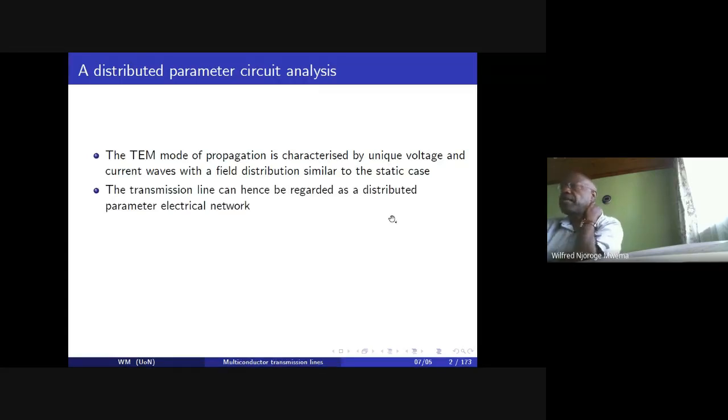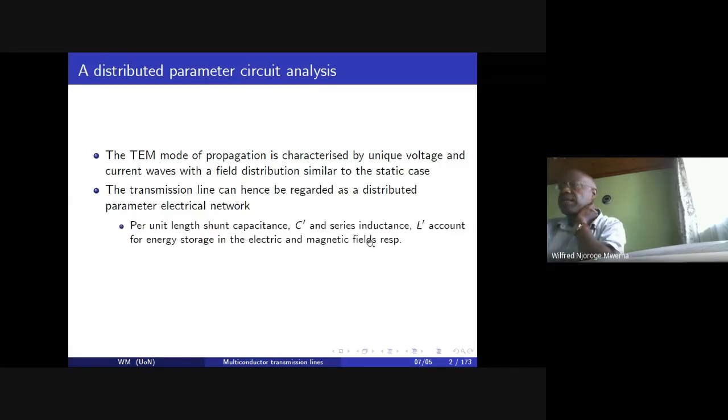The transmission line can hence be regarded as a distributed parameter electrical network with per unit length shunt capacitance C prime and series inductance L prime, accounting for the energy storage in the electric and magnetic field respectively.